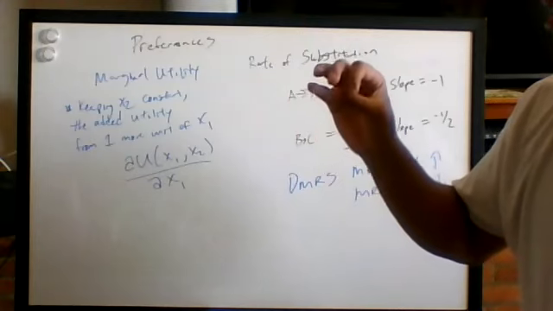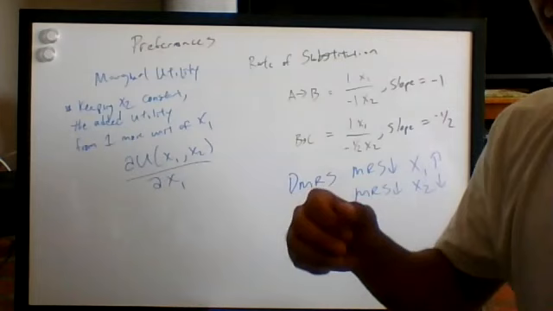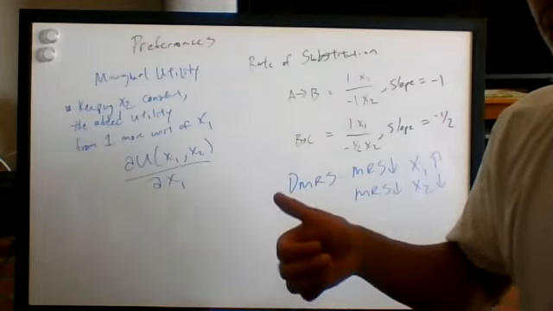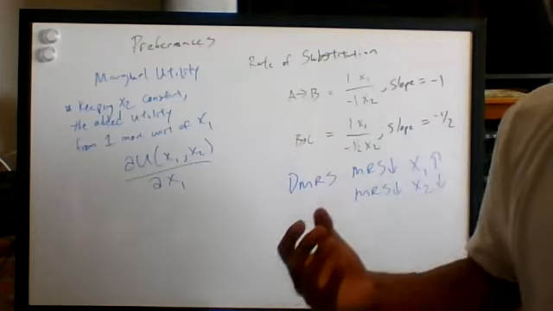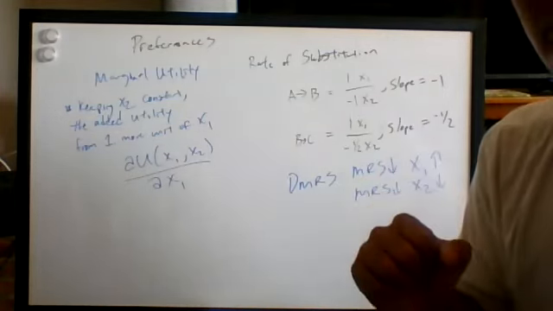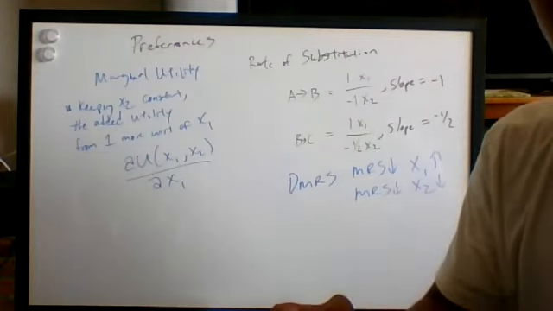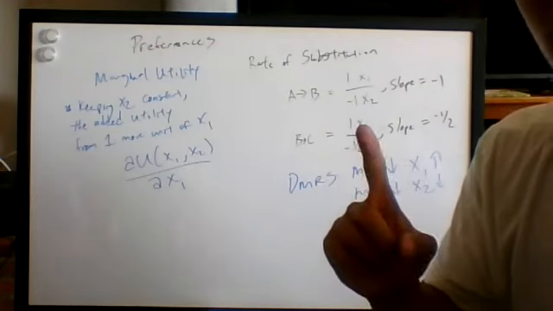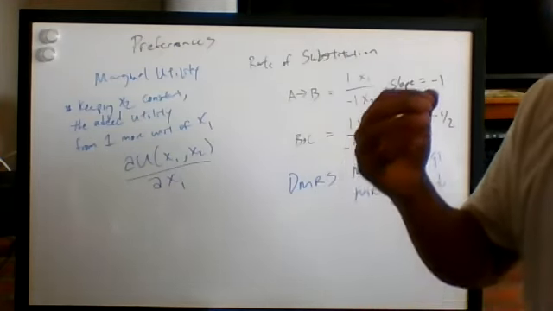And the marginal utility of good 2 is 1, meaning that if I add 1 unit of good 2, I get 1 unit of utility. I'm going to need 5 units of good 2 to equal the utility I get for having 1 unit of good 1. Does that make sense for you guys?